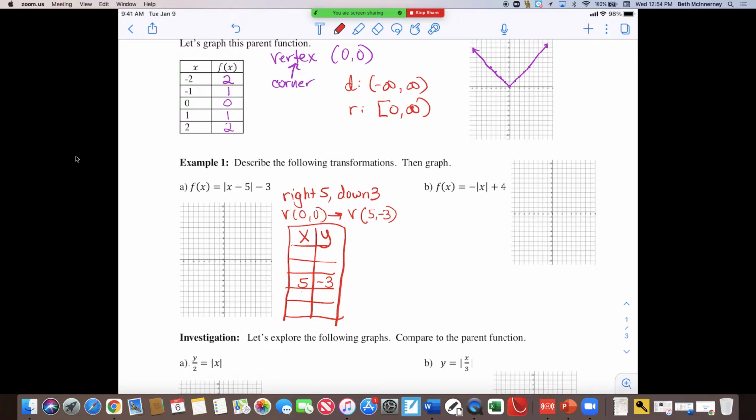So 1 is going to go to 6, 2 is going to go to 7, -1 would go to 4, -2 is going to go to 3. I'm going to move all the x values right 5, and we're going to move all of the y values down 3. So 2 minus 3 is -1. 1 minus 3 is -2.